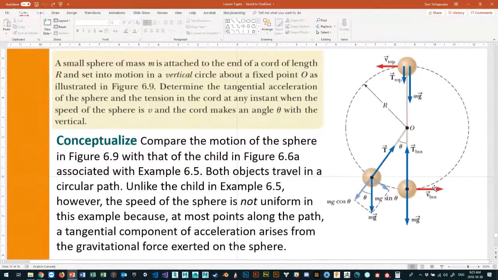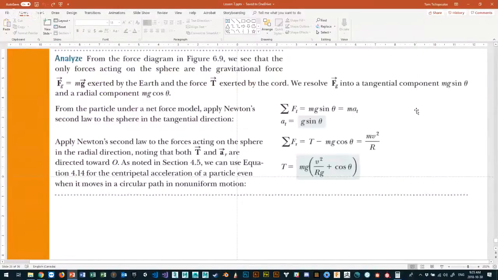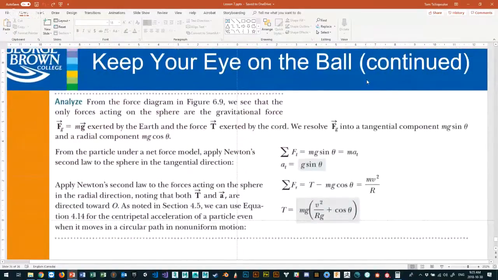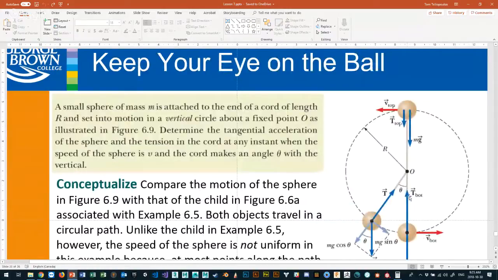So we know it's not uniform. That's the first thing, because we know it's vertical. When we go back to it, we start getting a set of equations. The sum of all forces for the tension is equal to mass times gravity sine theta, where theta is the angle of the cord as it's moving.